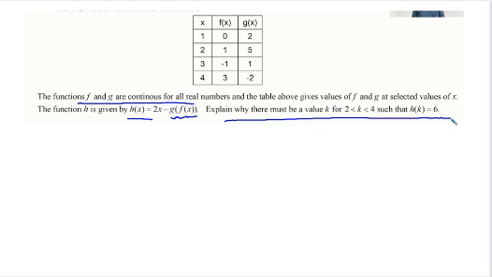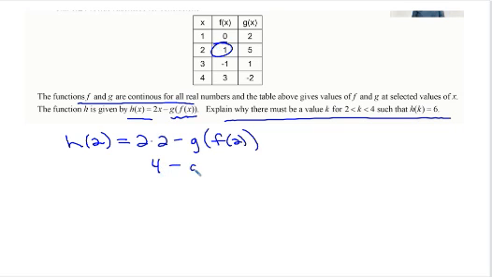All right, so what we do here is let's try h of 2. H of 2 is going to be 2 times 2 minus g of f of 2. Well, f of 2 is 1, so we're going to have 4 minus g of 1. And g of 1 is 2. So 4 minus 2 means that h of 2 is 2.